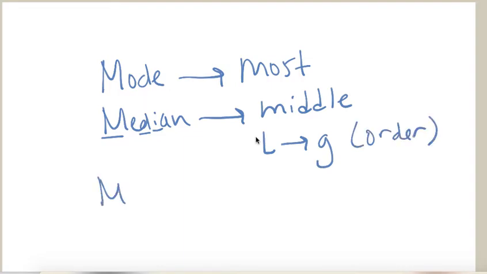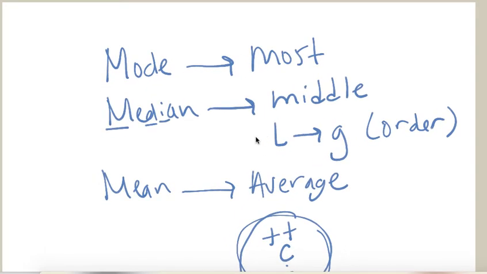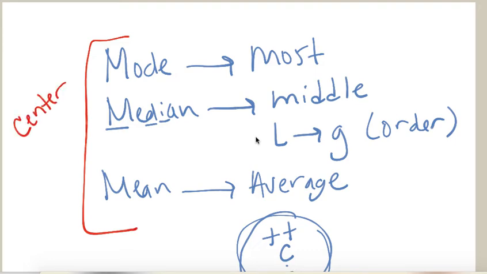What is the mean? He's Mr. Meanie. He is technically the average. How do we find the average? We do Mr. Meanie by adding, counting, and then dividing those 2 numbers together. I call these my triple M's. And that's how we find the center of a set of data.